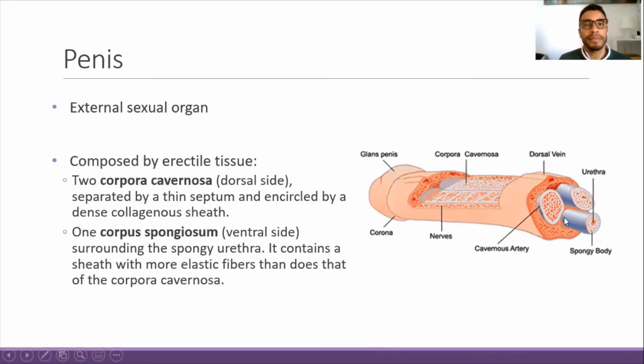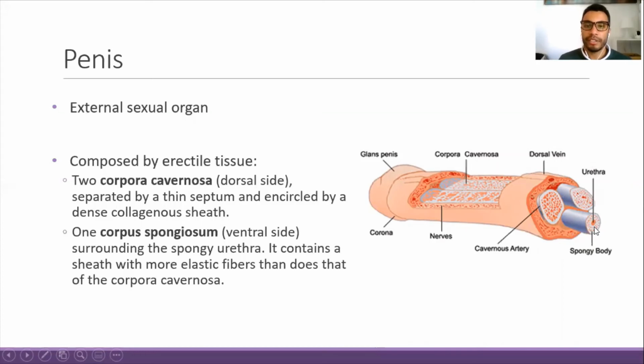So this helps to prevent the urethra from collapsing. Okay, so this is another erectile tissue in the penis. So basically there are three, okay? A pair of corpus cavernosum and a single corpus spongiosum.